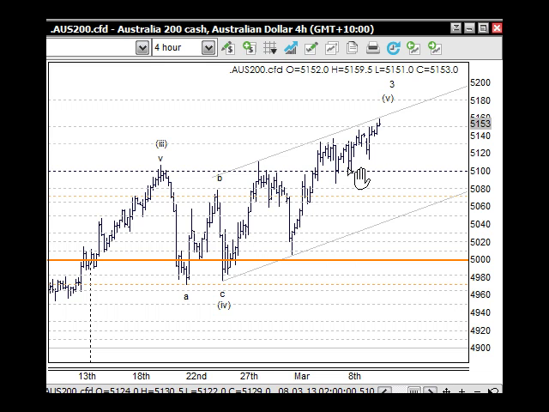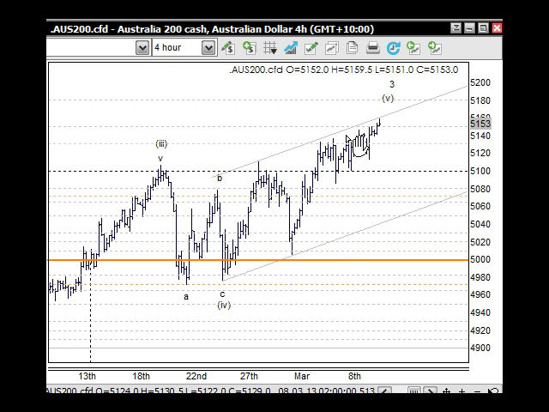this move up through here is positive, because each of these little structures here, even these little ones here, are all in little 5-wave structures. But that said, in this section it's not really impulsing strongly to the upside. It's kind of creeping, isn't it?